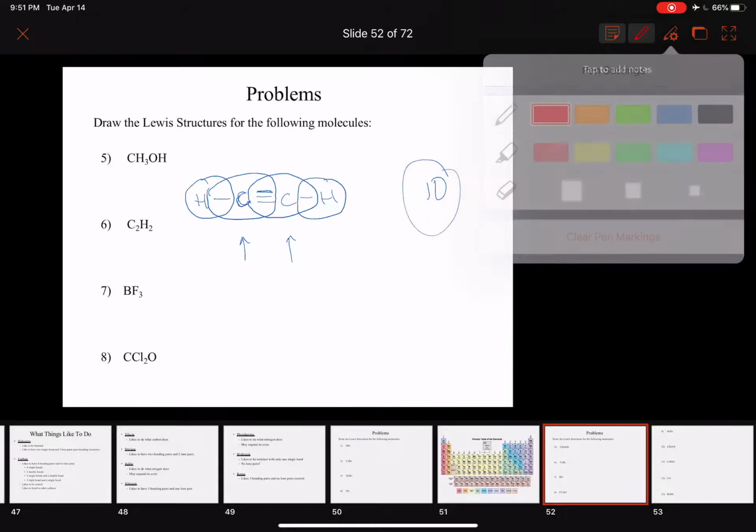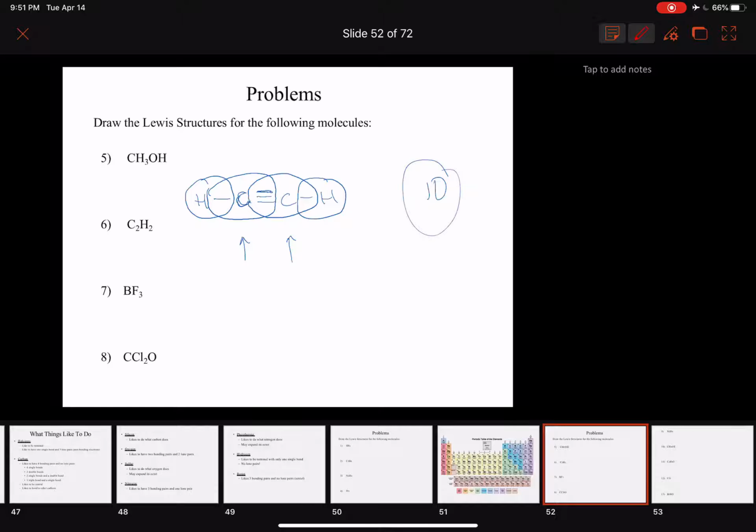And we need to add up and make sure that we have 10. So we have 2, 4, 6, 8, 10. Ding, ding, ding, ding. The structure looks like this. And that is our simplest alkyne, which is a hydrocarbon with a triple bond. And that is called ethyne or acetylene.